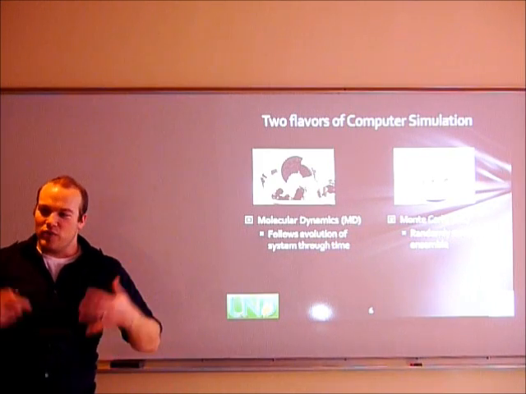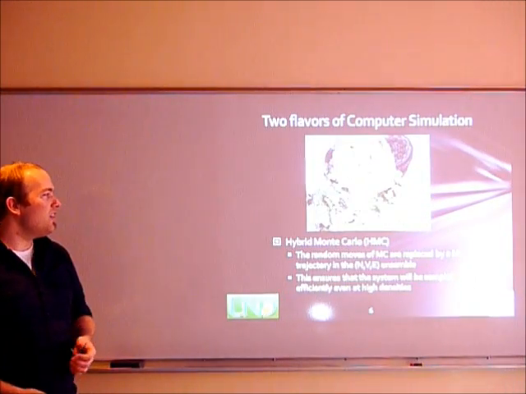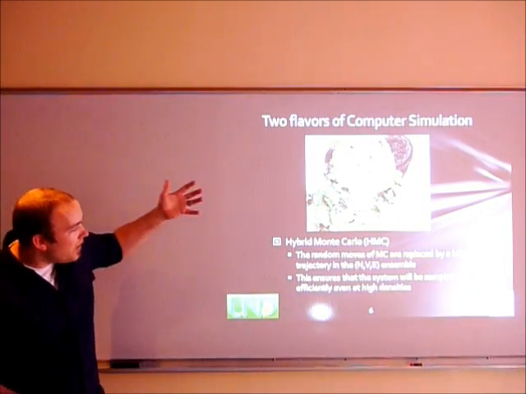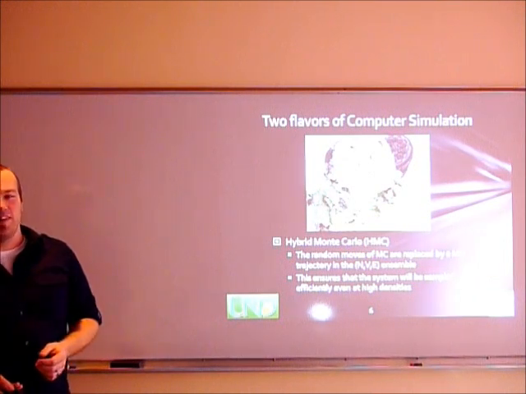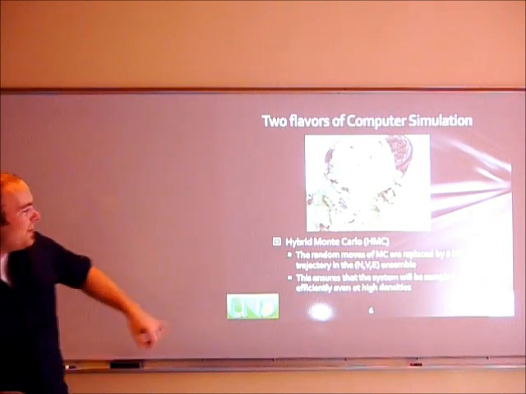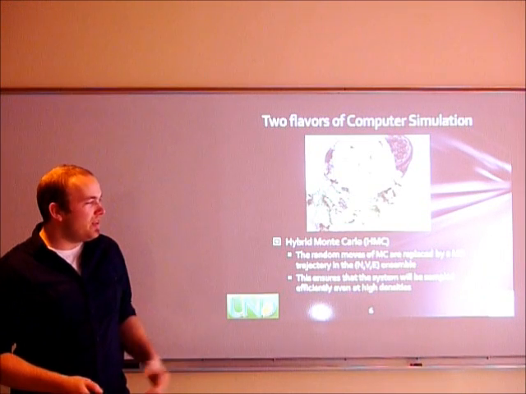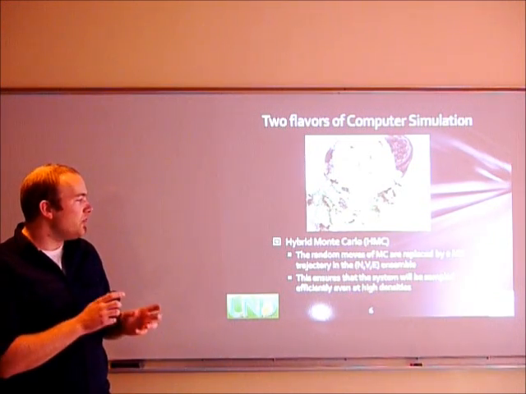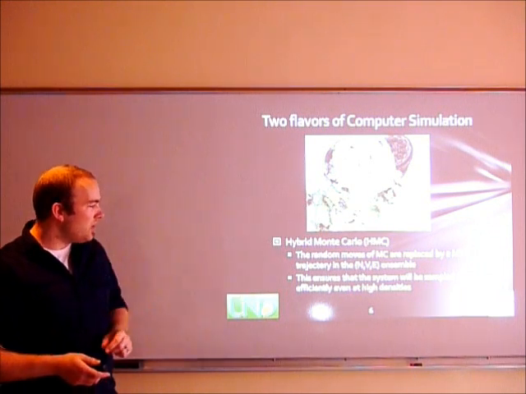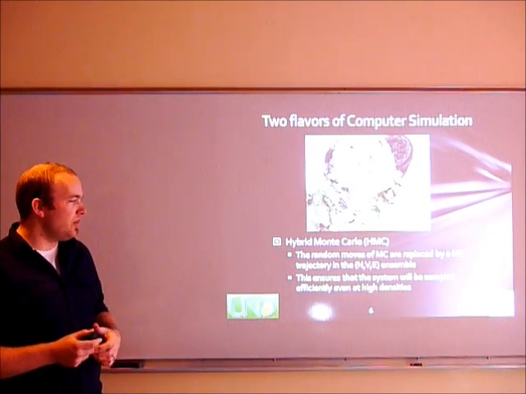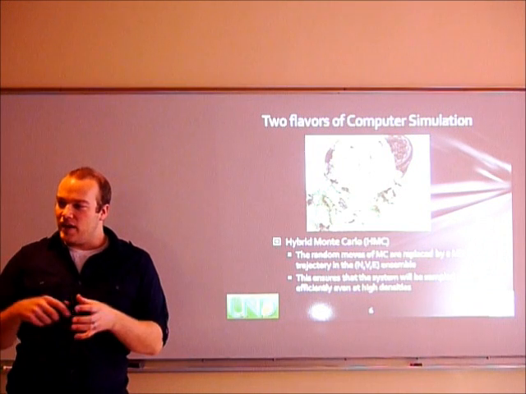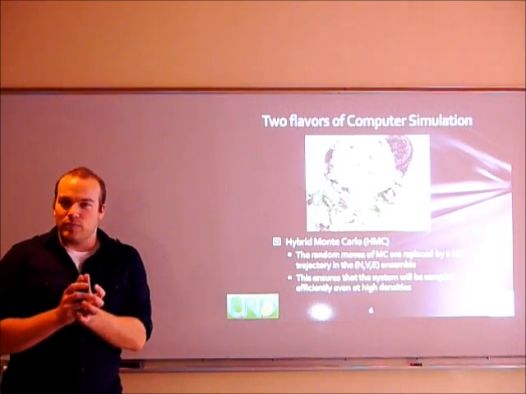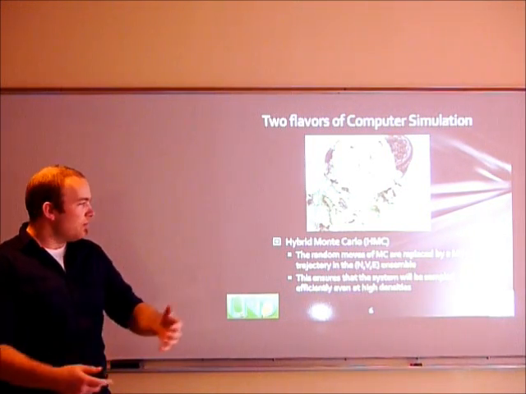So when you combine the two, what do you get? You get hybrid Monte Carlo, denoted by mint Oreo ice cream. That's much more tasty. So what this does is it replaces these random Monte Carlo moves with these little MD trajectories in the microcanonical ensemble. And this ensures that the system will be sampled effectively even at high densities. So it's basically allowing the system to relax a little bit and things can move much smoother.